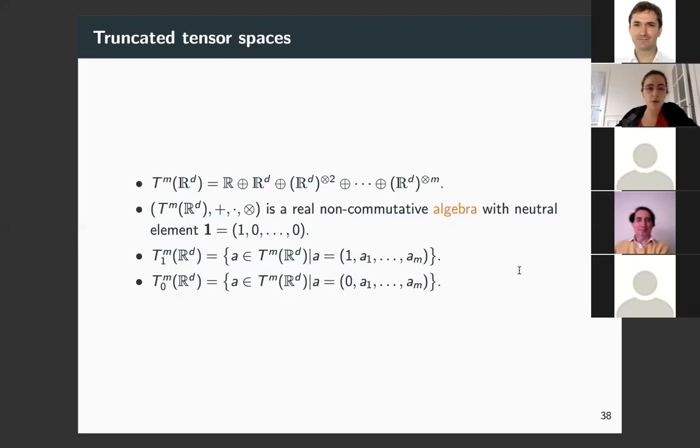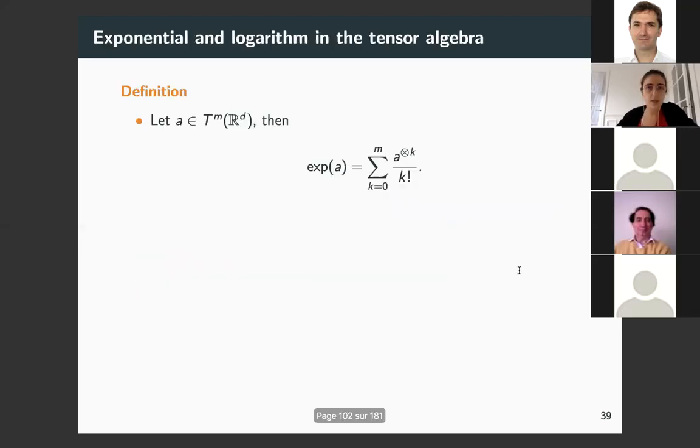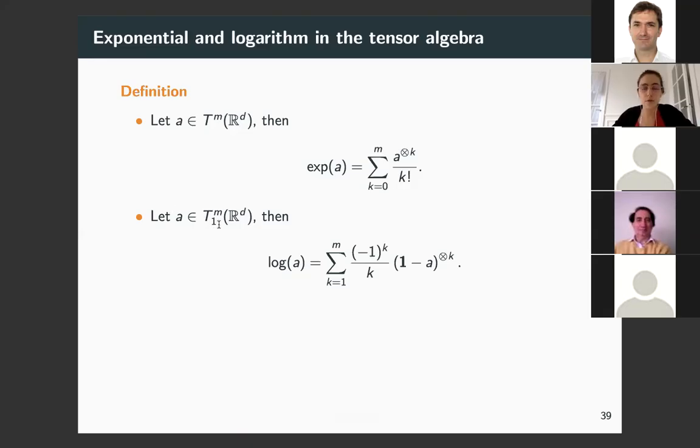With these spaces, I can define the exponential and the logarithm with a power series. For any element a in the tensor space TM, I can define its exponential as the sum of a to the tensor power k over k factorial. And if the first element is 1, I can define the logarithm in the same way.